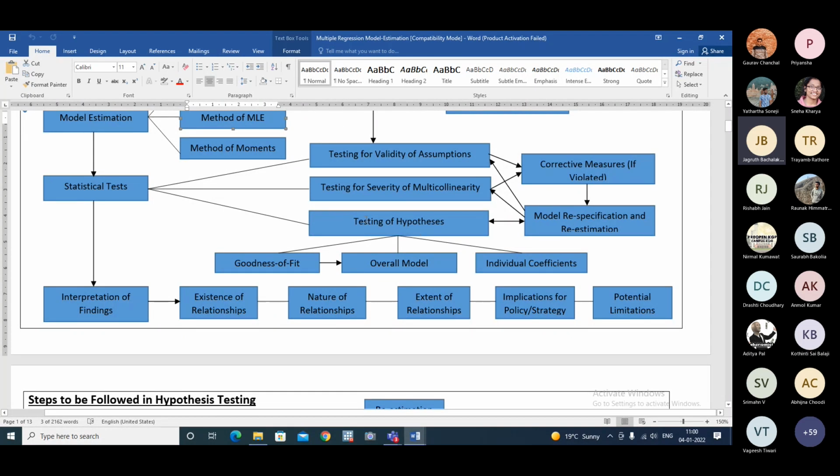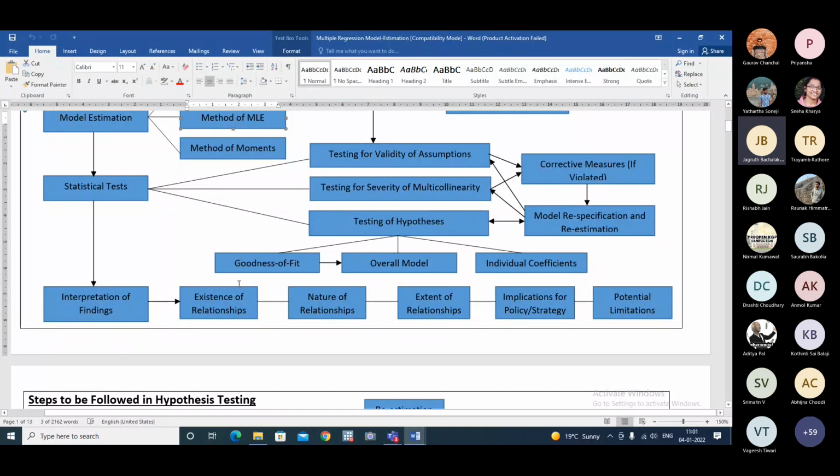We need to see the statistical significance of the overall model, the estimated model. At the beginning, when we carry out statistical test, at the beginning we'll be seeing if the estimated model is statistically significant.